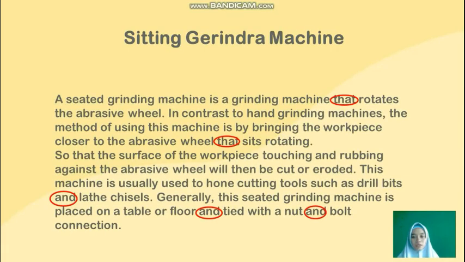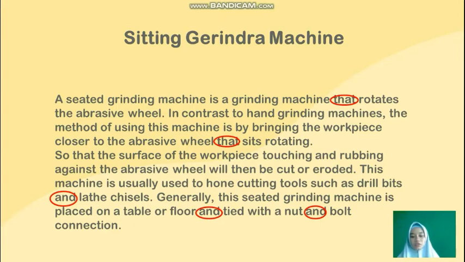Sitting grinder machine. A static grinding machine is a grinding machine that rotates an upright wheel. In contrast to a hand grinding machine, the method of using this machine is by bringing the workpiece closer to the upright wheel that sits rotating, so that the surface of the workpiece touching and rubbing against the upright wheel will then be cut or eroded.